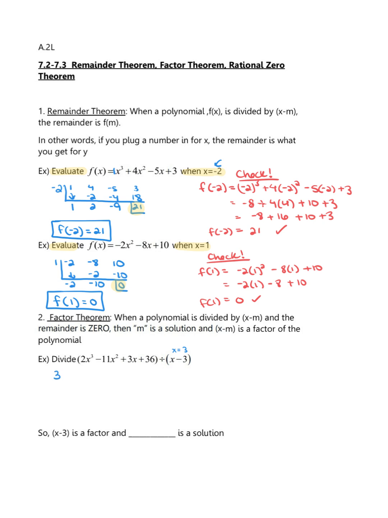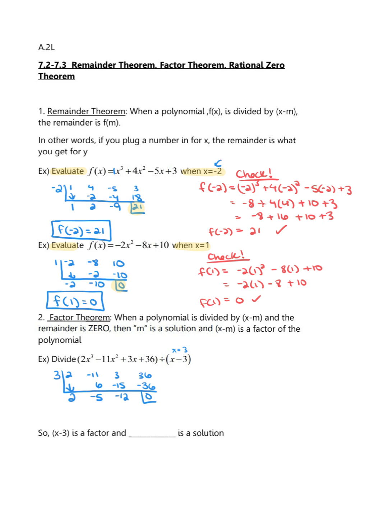2x cubed, negative 11x squared, 3x, 36. Make sure you're always checking for missing terms. Bring down the 2. 3 times 2 is 6. Add the column, negative 5. 3 times negative 5 is negative 15. Add your column. 3 times negative 12 is negative 36.